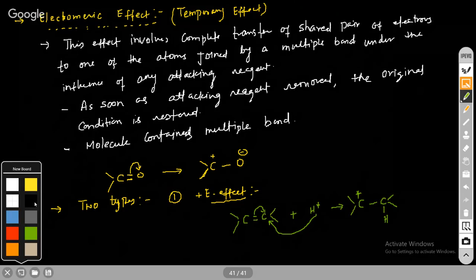Now the next one is the negative electromeric effect, which we also call minus E effect.